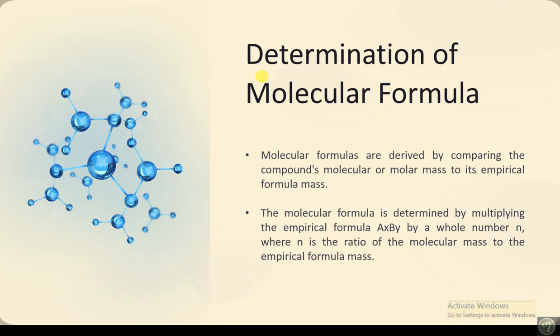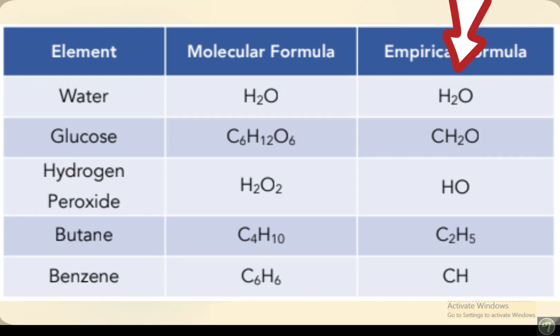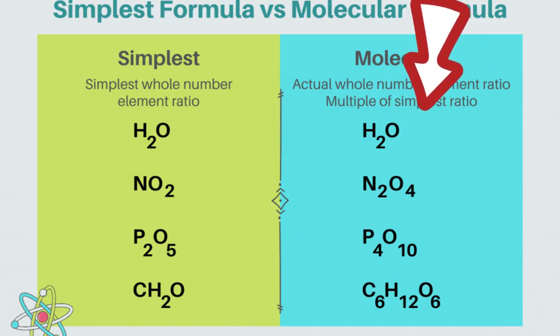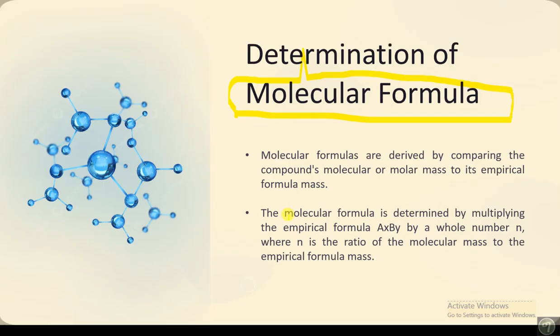Now, how can we calculate the molecular formula? Empirical and molecular: the empirical formula is the simplified formula, but sometimes after getting the empirical formula we may be asked to find the molecular formula. So the empirical formula times some factor will give the molecular formula.